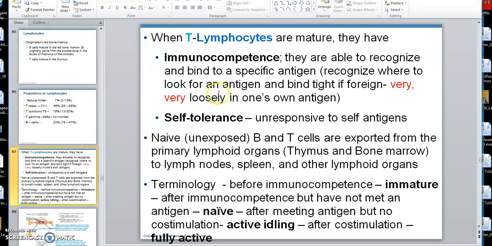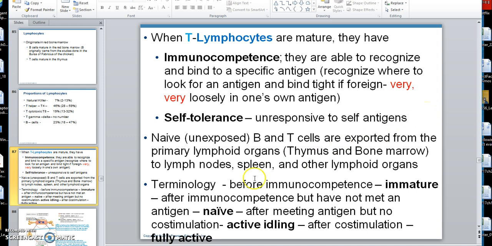They're able to recognize and bind to specific substances on the cell very loosely. So the immunocompetence is to educate the cells to know what to look at, these potential graduate T lymphocytes. Self-tolerance is do not attack yourself.